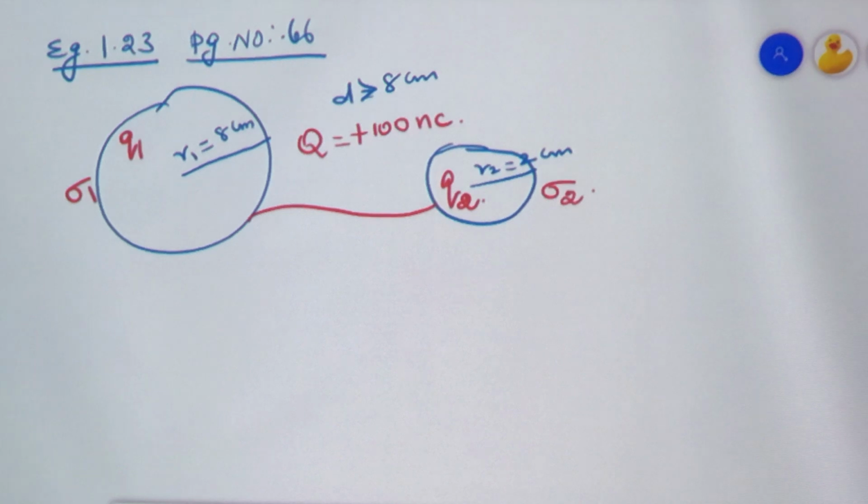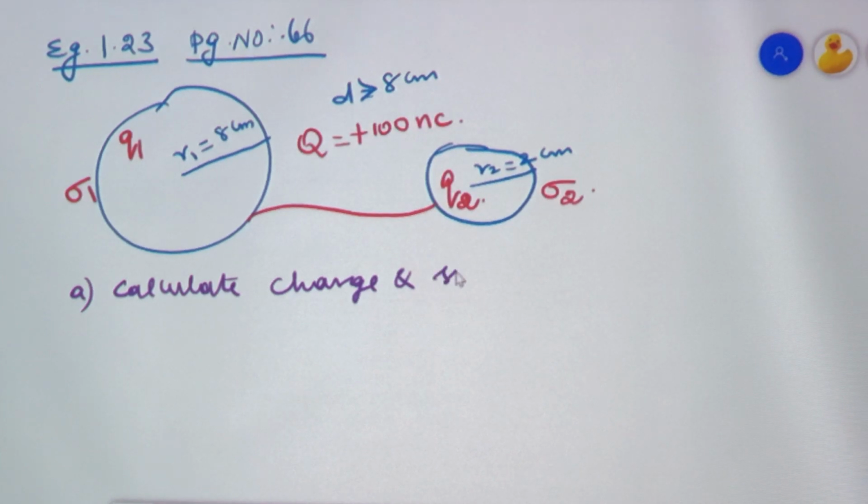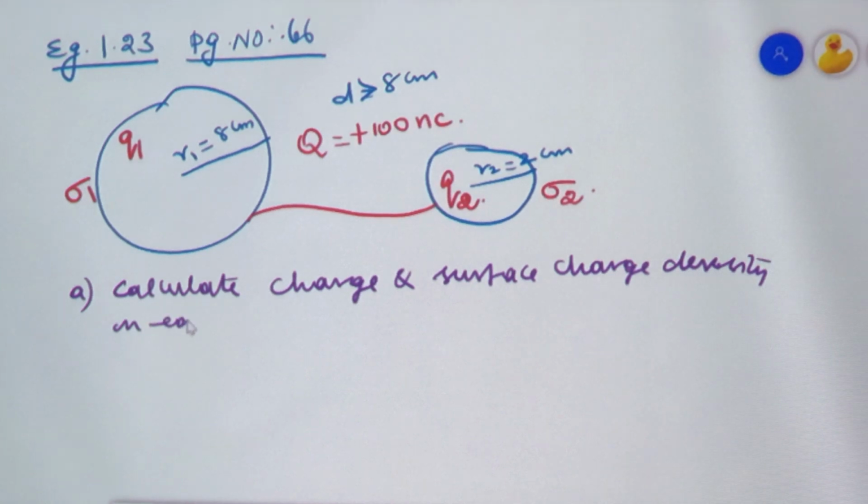Now, what are the questions asked? Calculate the charge and the surface charge density on each sphere. Option A: you are asked to calculate the charge and surface charge density on each sphere.